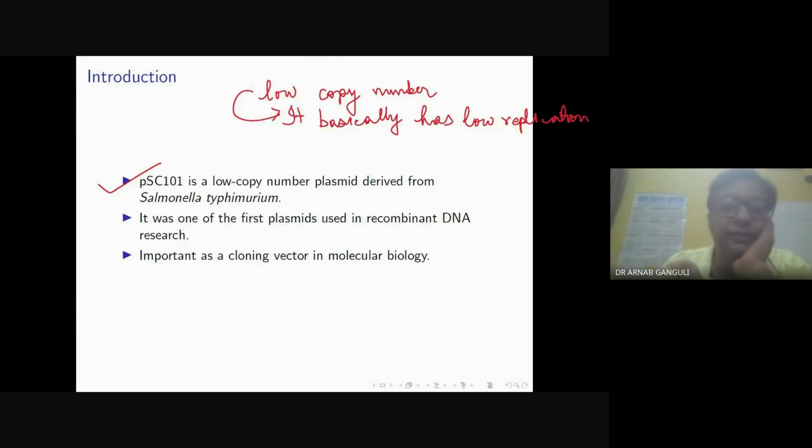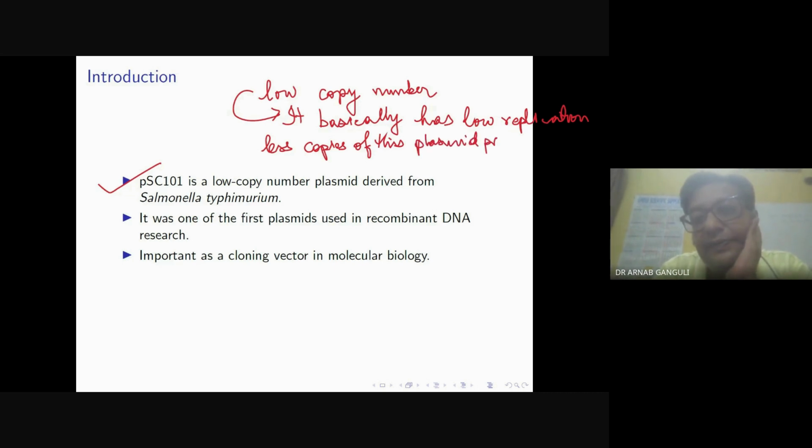You have fewer copies of this plasmid present. And it was one of the first plasmids. But nowadays we prefer high copy number plasmids. But since it was one of the first plasmids used in recombinant DNA technology, it still is being used. It is important as a cloning vector in molecular biology.